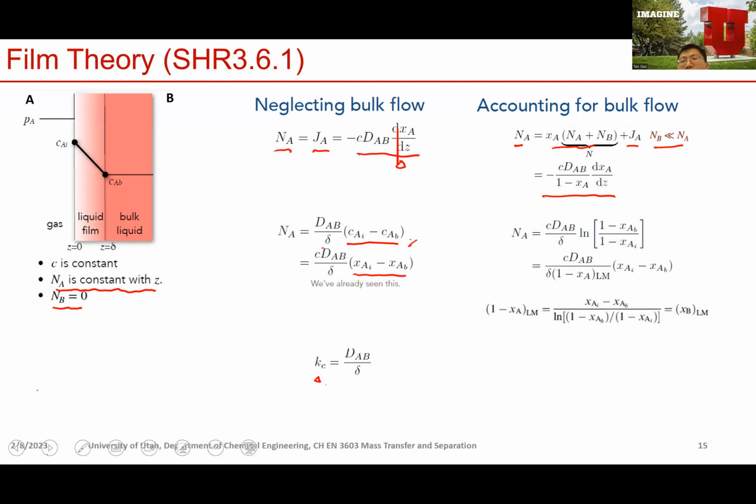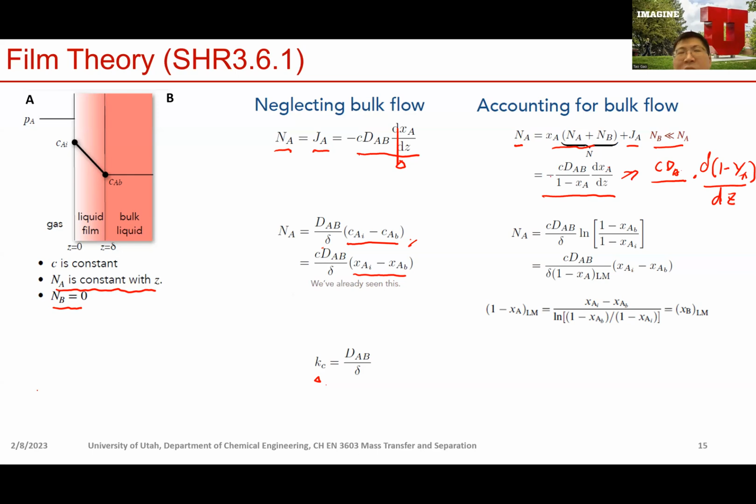Okay, but now a slight difference between these two examples is that here, because we have 1 minus XA at the bottom, when we approximate this, we have to first take this term into the differential, right? So that gives us C D_AB d(1 minus XA) over dZ, right?